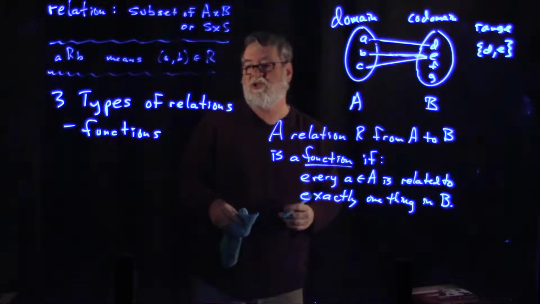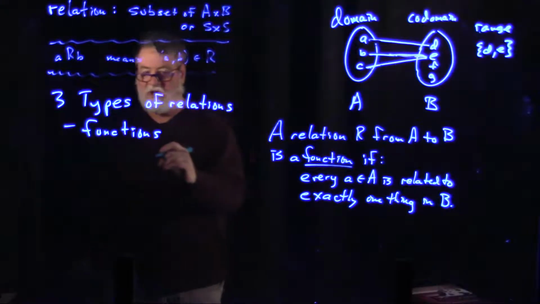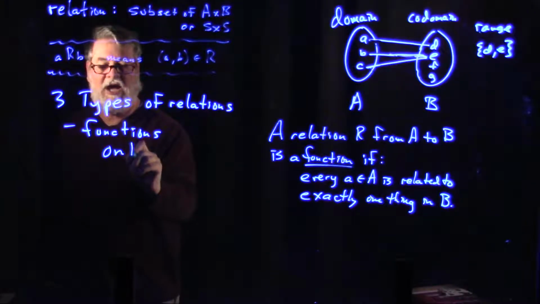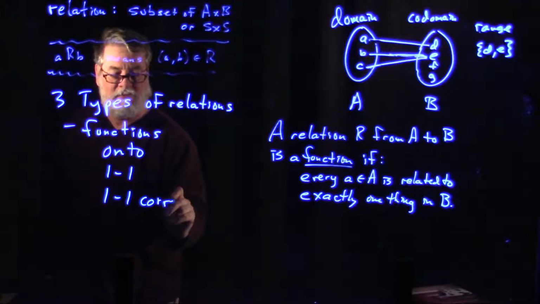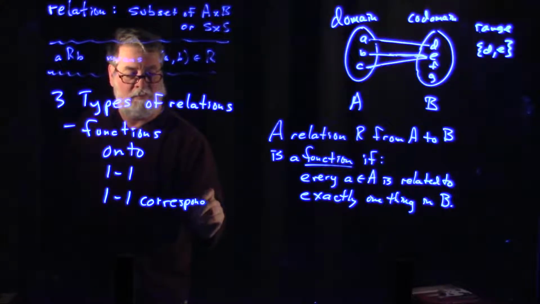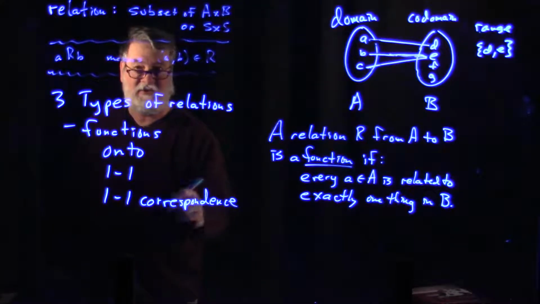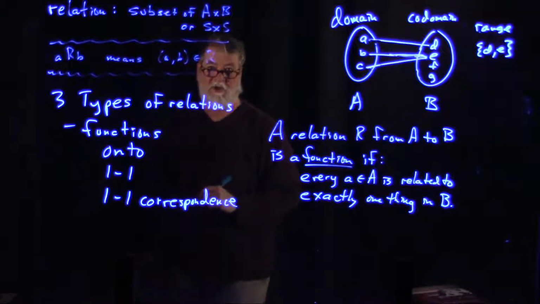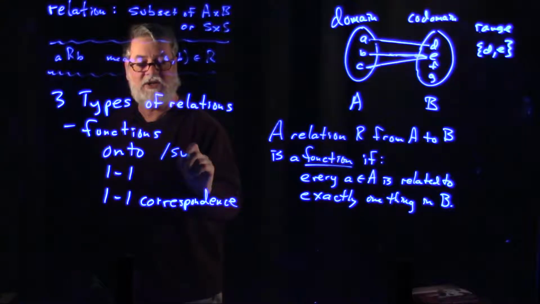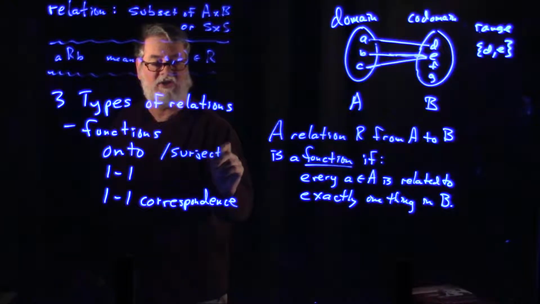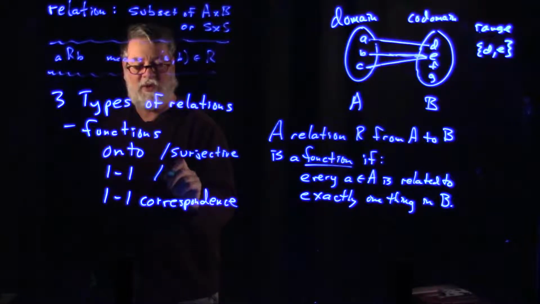Now, once you talk about functions, there are three more terms you can talk about. A function can be onto, or one-to-one, or it can be a one-to-one correspondence. There's a difference between being one-to-one and being a one-to-one correspondence. There are more technical terms for these. Onto is sometimes called a surjection, or it's called surjective. If it's one-to-one, it's called injective.